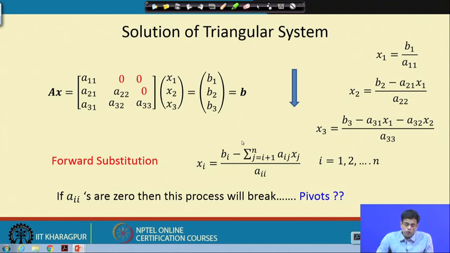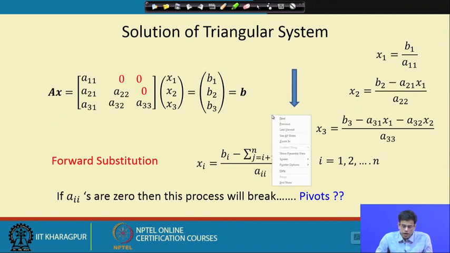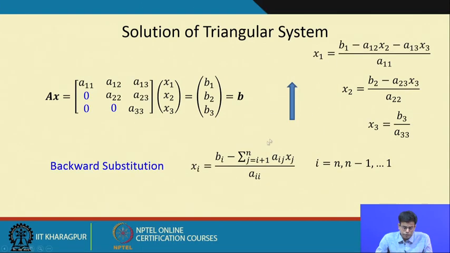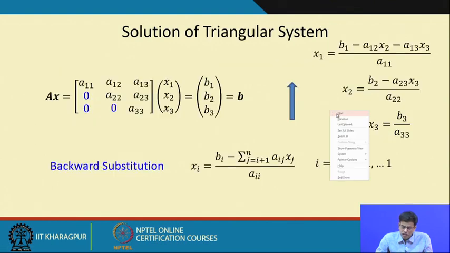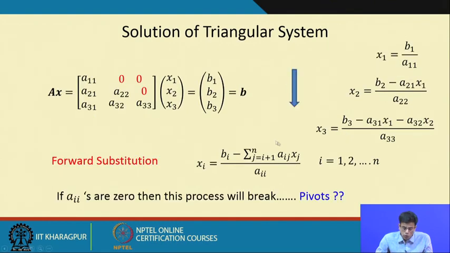If you look carefully, in both backward and forward substitution, we are dividing by a11, a22 and a33. If one of these values is 0, then the procedure will obviously break.